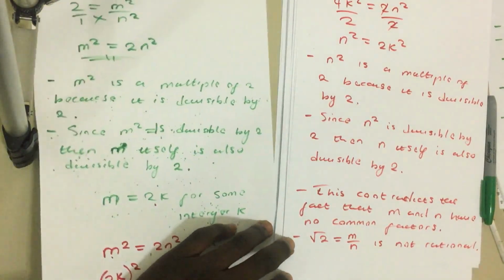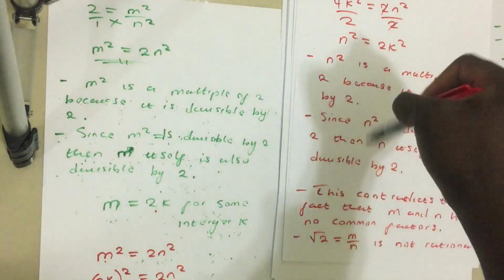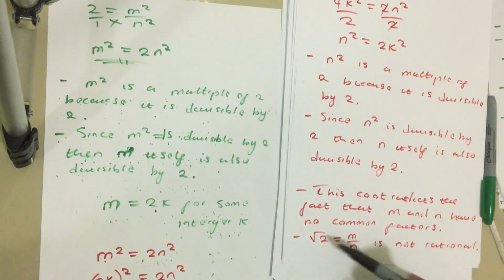So we can see that this expression here is an irrational expression, and it cannot be rational. So square root of 2 equal to this is something that is impossible, because these two have a contradicting fact, which is m and n have no common factors. So we can see that the expression here is not rational.